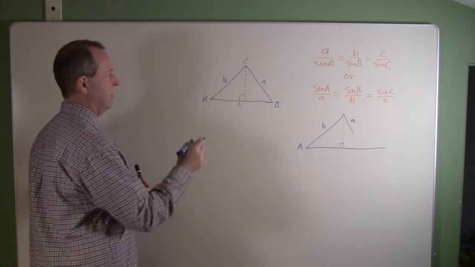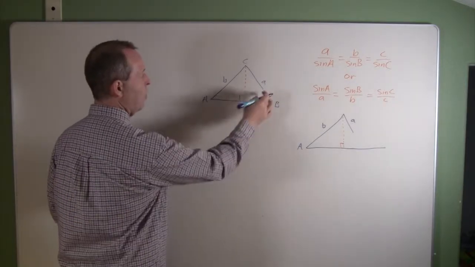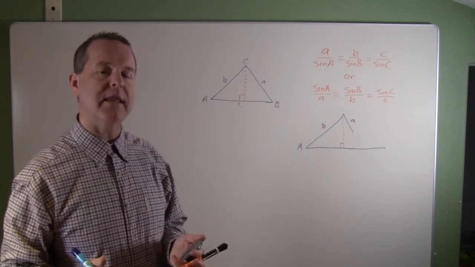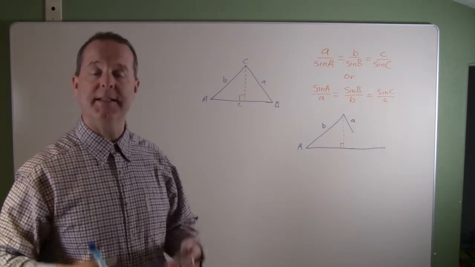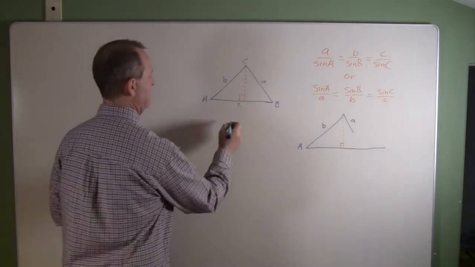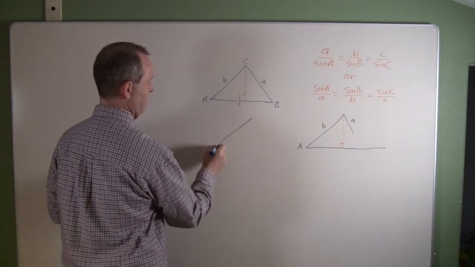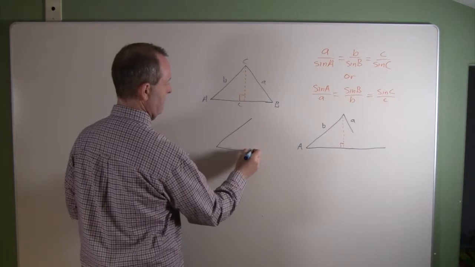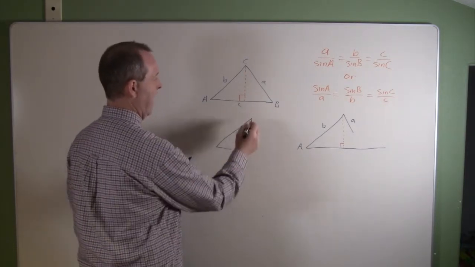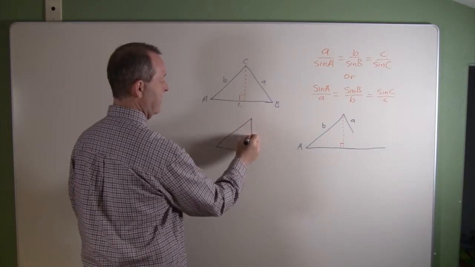Again, this will make sense if we look at a couple other ones. So let's look at another one where I'm going to shorten the length of A to the same length as H. So A is the altitude.